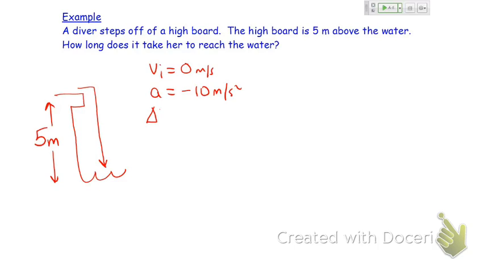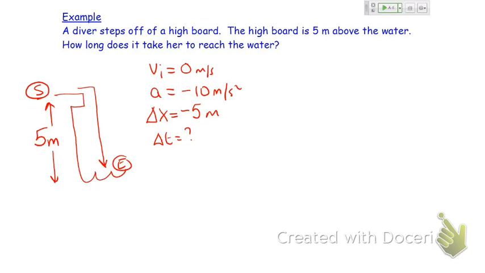What is her displacement? -5. Notice if you put 5 down, you'll get the wrong answer, because math is going to be different. -5 meters, because that is the start and that's the end, and that's going in a negative direction, so it's -5. And then I want to find out how long, delta t.